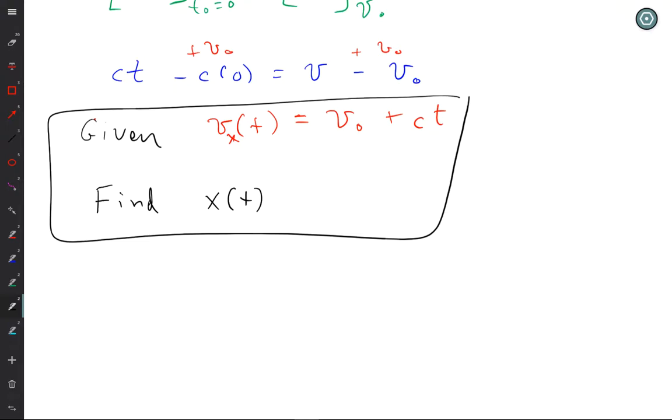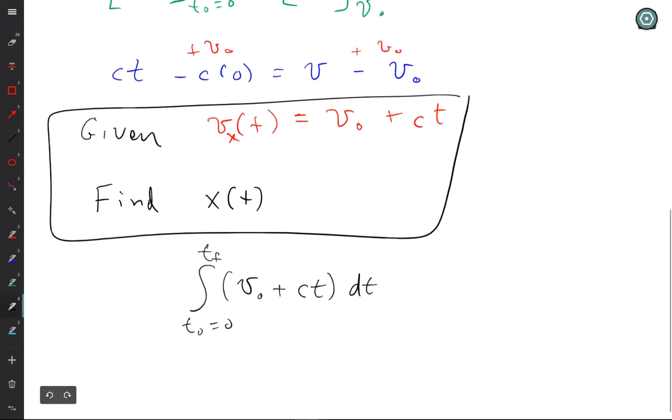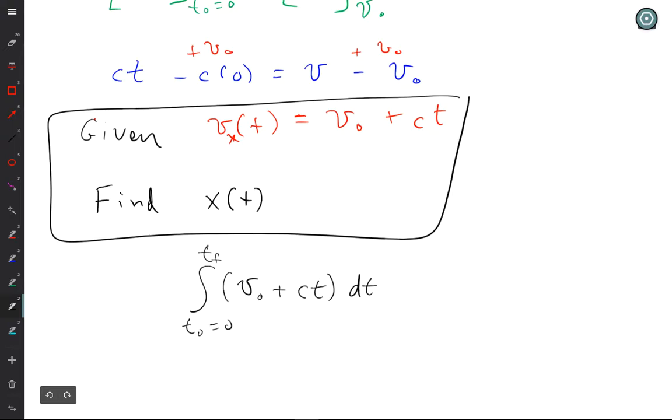Well, the easiest, let me write this part just to make sure, because you're rusty on your calculus, it's been a while. So you have integral from time initial equal to 0 to time final of v initial plus ct dt. It's easiest, especially when you're beginning, to not get confused by separating this into two separate variables.